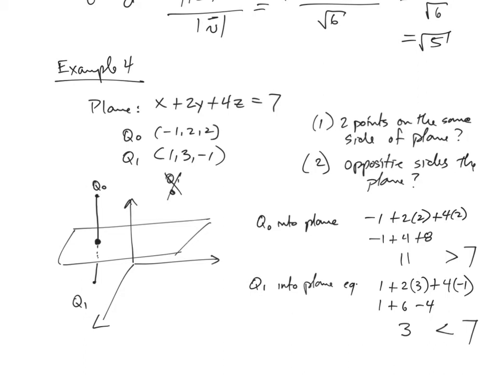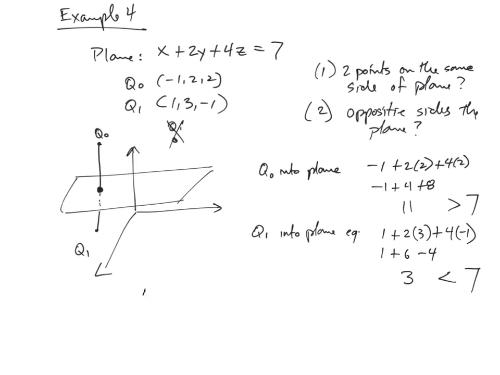Just, you can do the same thing in 2 dimensions, right? If you were just working in 2 dimensions and you had a line, y is equal to mx plus b, and you took a point on this side, with coordinates x1, y1, and a point here, x0, y0, on opposite sides of the line, you can do the same thing.